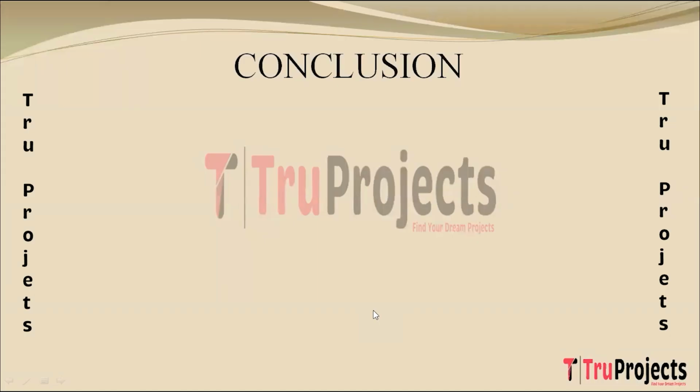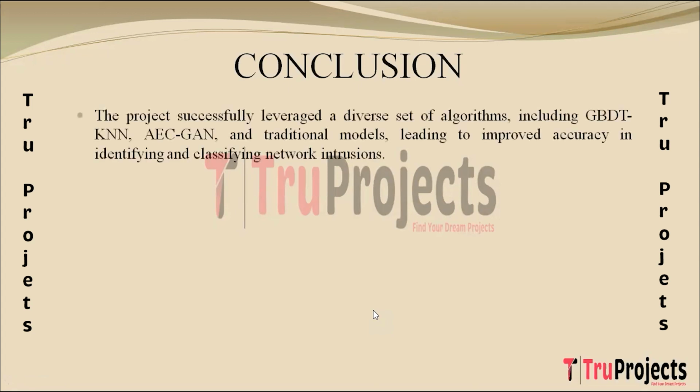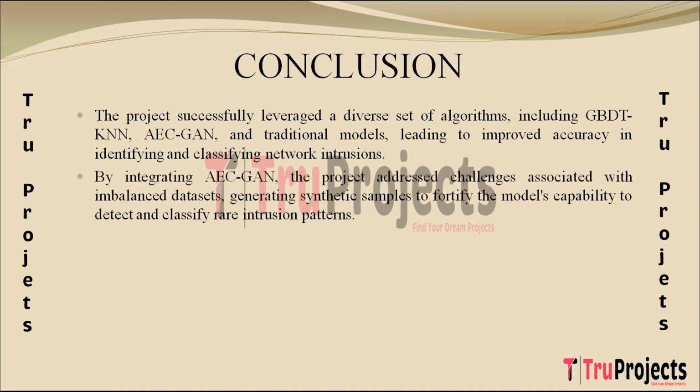So the conclusion here is the project harnessed a variety of algorithms such as GBDT, KNN, AEC GAN and traditional models, enhancing the accuracy of intrusion detection by capitalizing on the strengths of each algorithm in identifying and categorizing network intrusions. AEC GAN was seamlessly integrated to tackle imbalanced datasets, strategically generating synthetic samples.